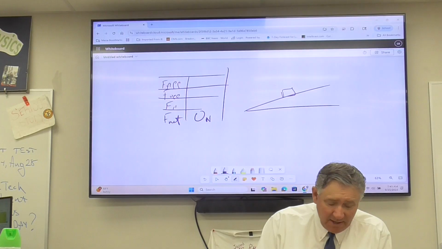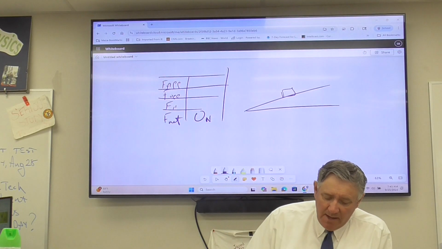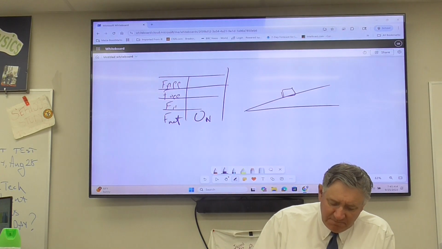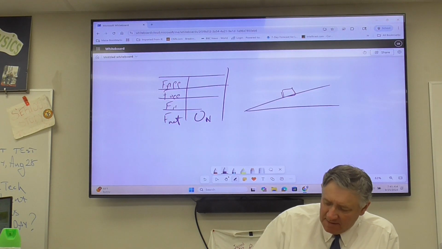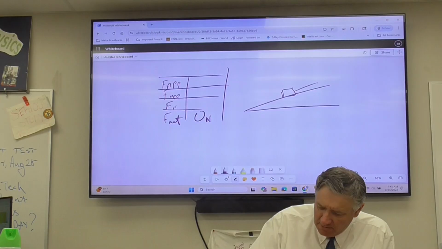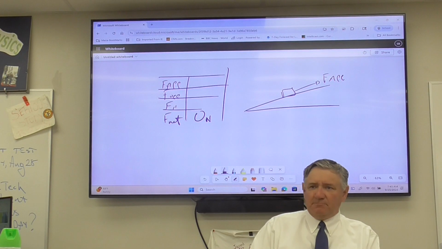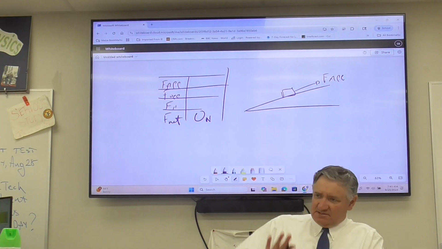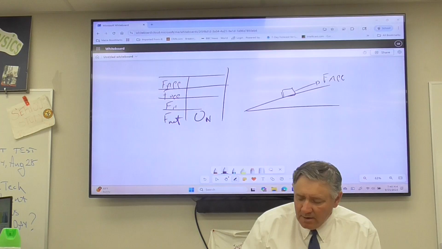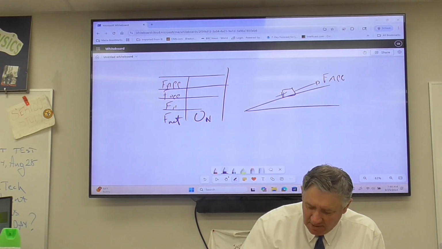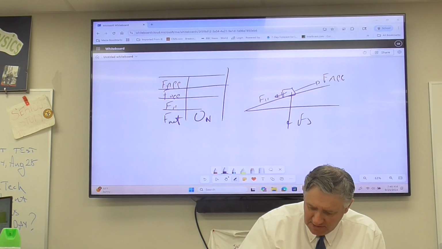Here's this block, and you want to move this block up the inclined plane, so you know your force applied has to act up the inclined plane. That's the direction you're going to push it. Your force parallel is going to be acting down the inclined plane, and there's your FG, and there's your force normal.